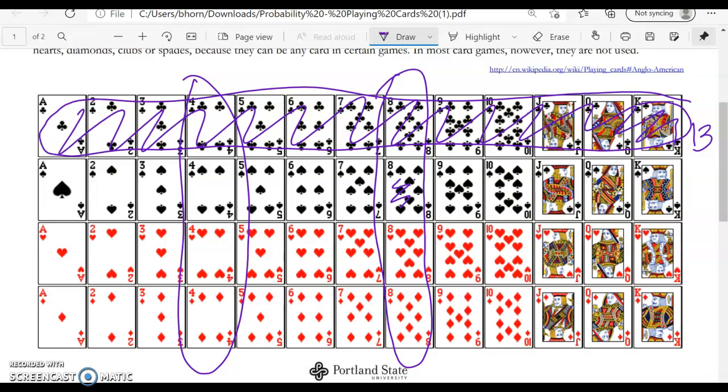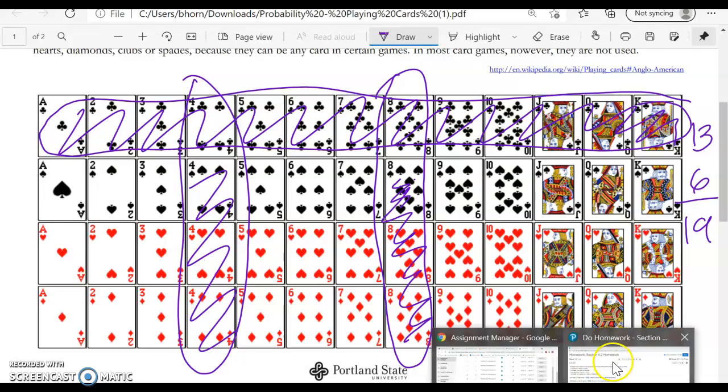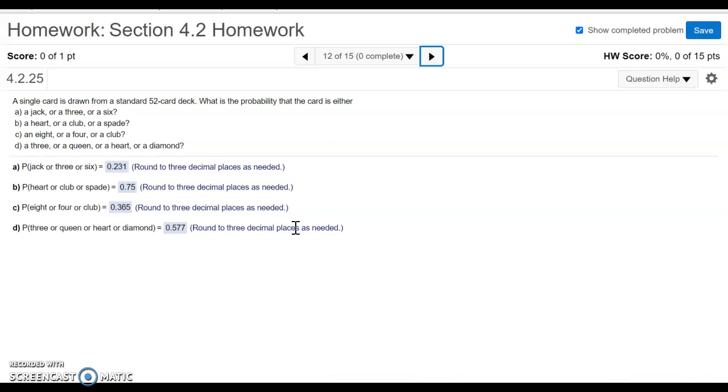That's 13. And then we have 3 more here and 3 more here. So that would be 19 out of 52. Let's go back for a second so you can see. And that would be 0.365.